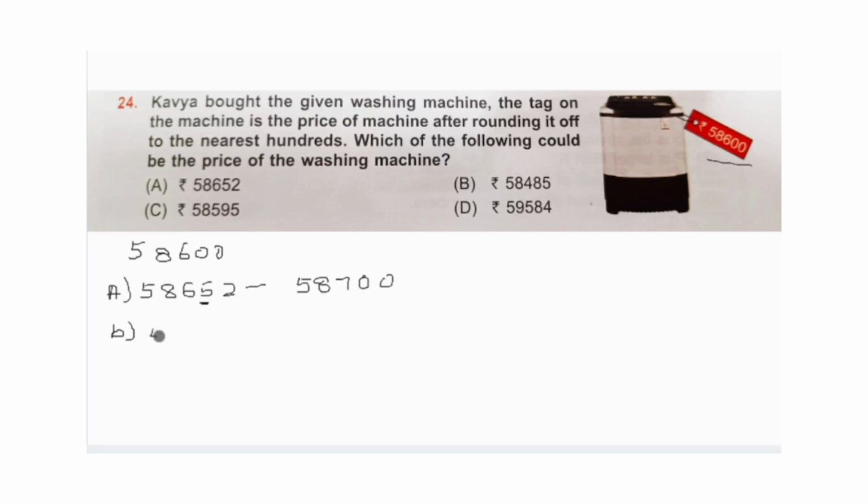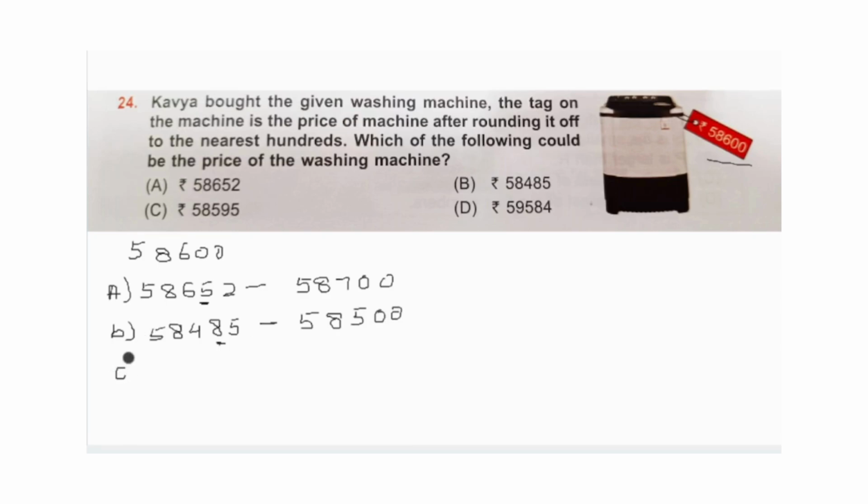Option B is 58,485. Again, let's see the value at the tens position. Is it greater than 5 or less than 5? Since it's greater than 5, we round it up to 58,500.